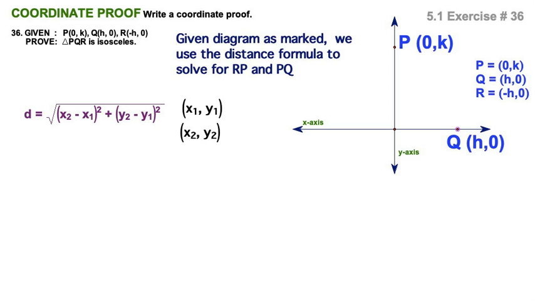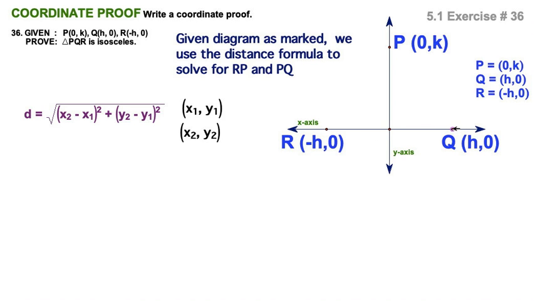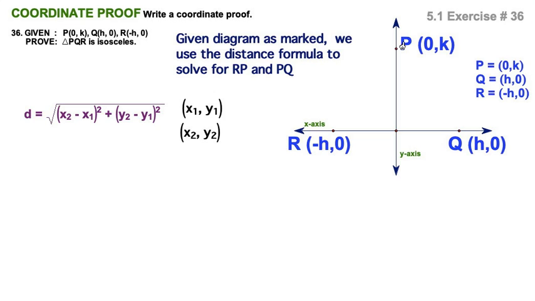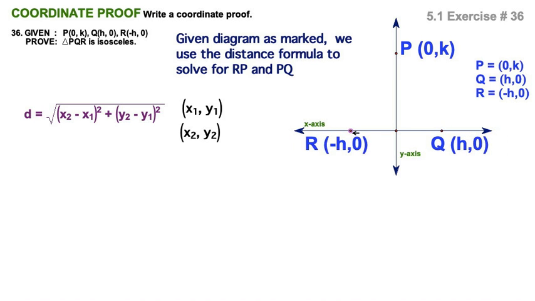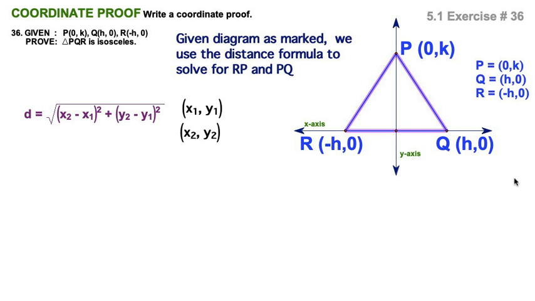So where does R go? On the opposite side. And again, we don't know the values for h. We don't know how much k is. But we're just going to put it up there. And that's our triangle.